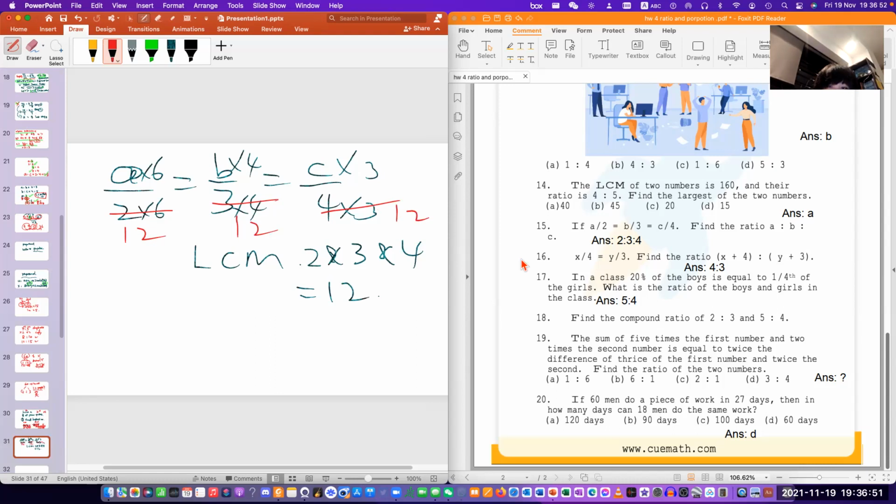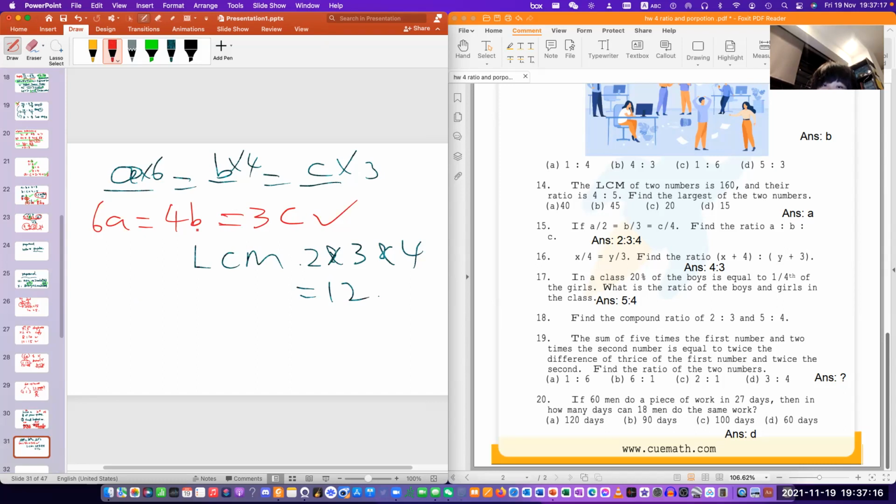Once I have all of them 12, I can delete this already. And then I have 6A equal to 4B equal to 3C. From this, you can see that C is the biggest.